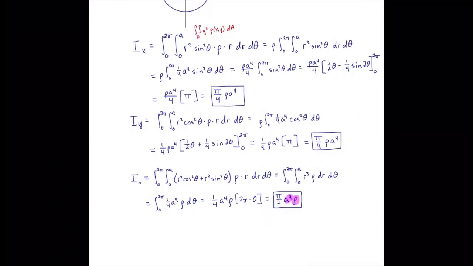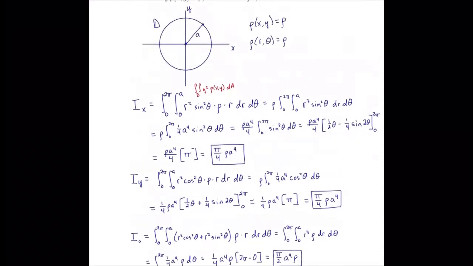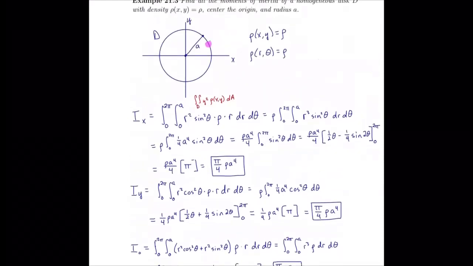Again, a is the radius, and the fact that that is a to the fourth tells us that the further we are from the pole, or from the origin, or from either of our axes, the larger the second moment, or the larger the moment of inertia. This can be thought of as, if this were a wheel, the further we are along this wheel or disc that's spinning, the harder it is to turn a mass of equal size.